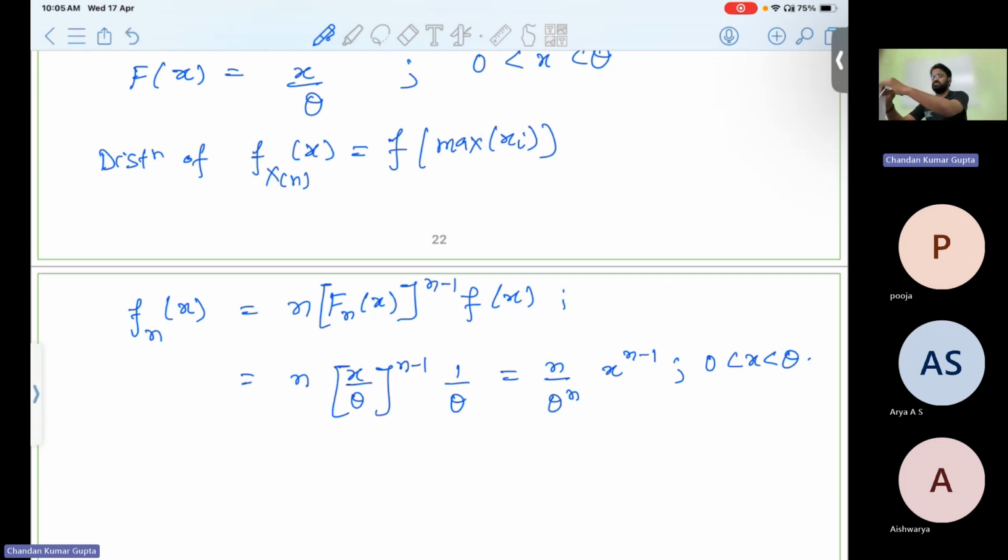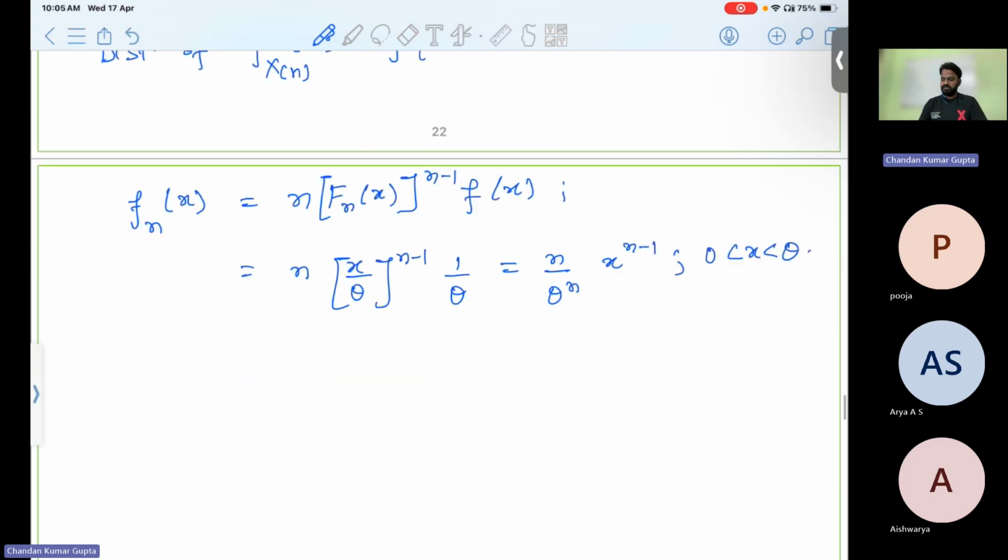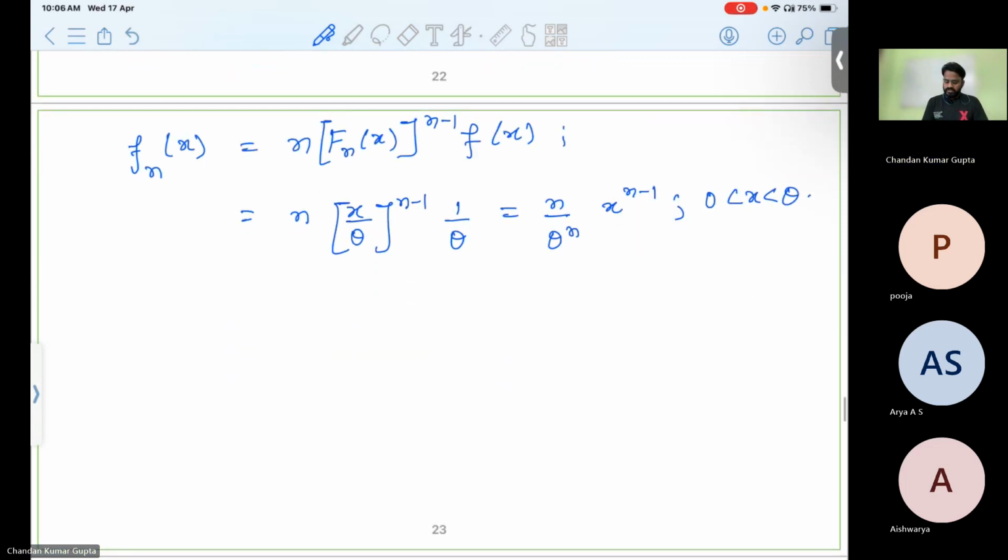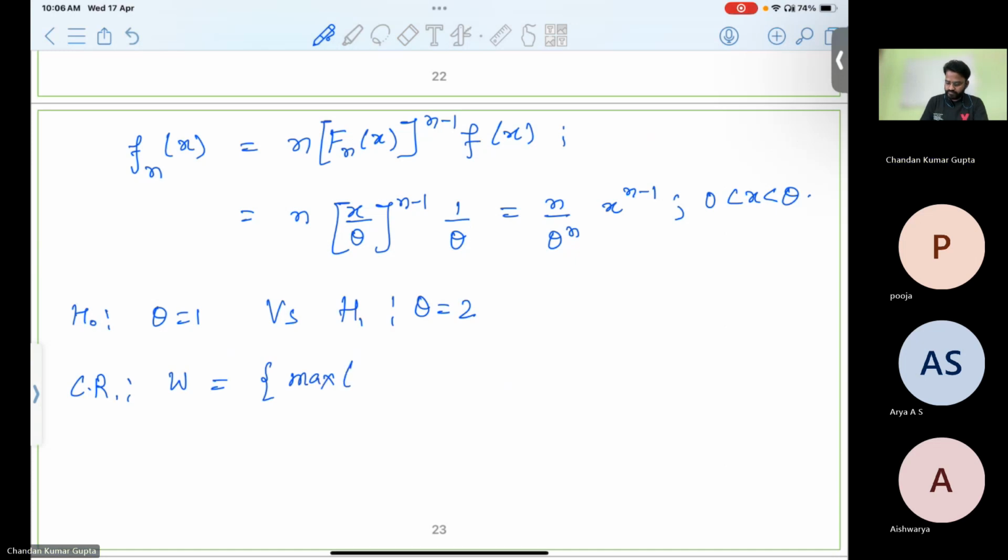Now the rest is as usual. Let me solve it quickly. Our hypothesis will be theta equal to 1 against theta equal to 2, and the given critical region will be maximum of xi greater than 0.5.